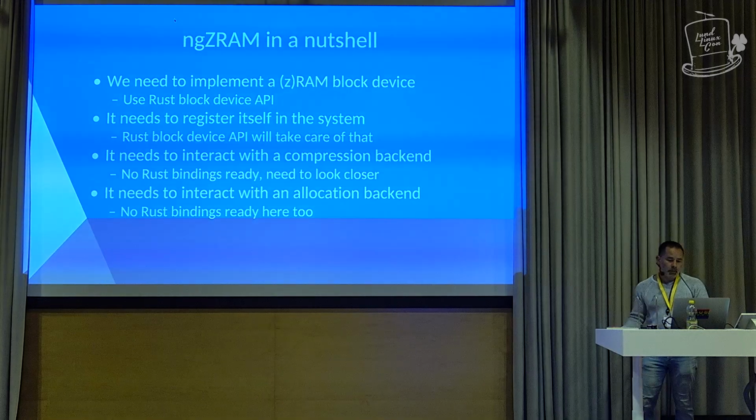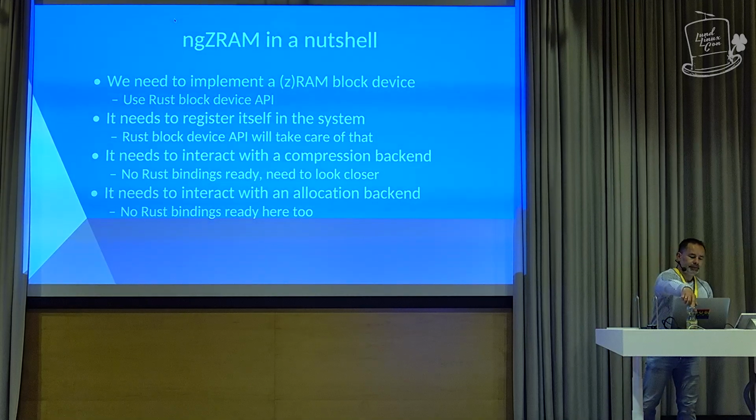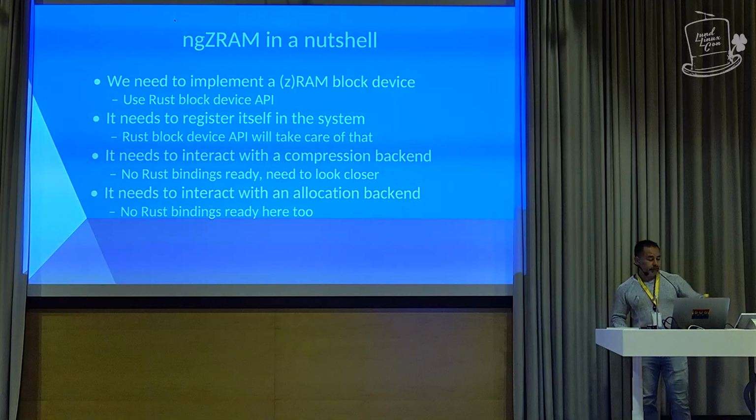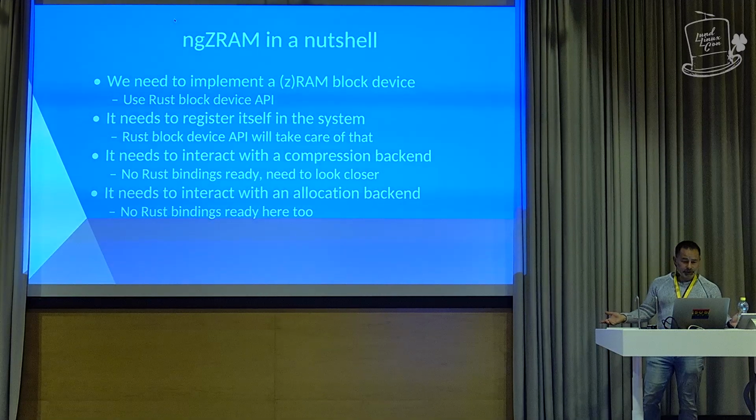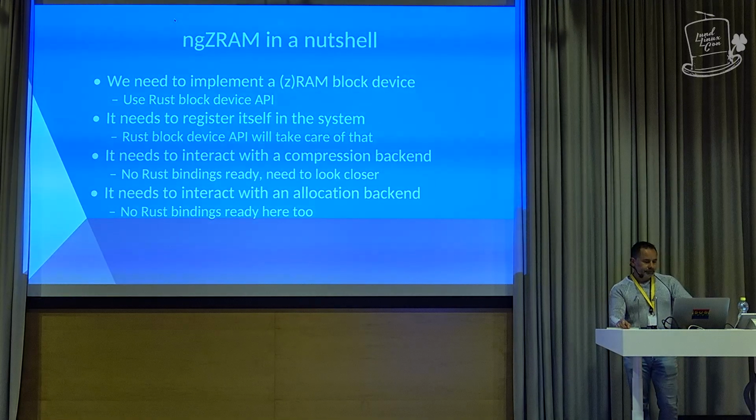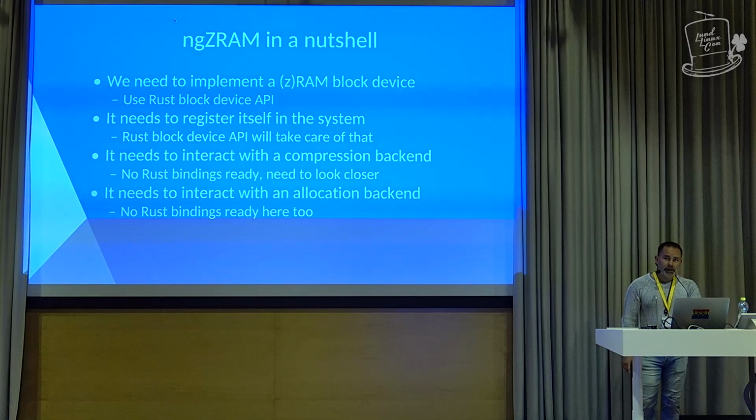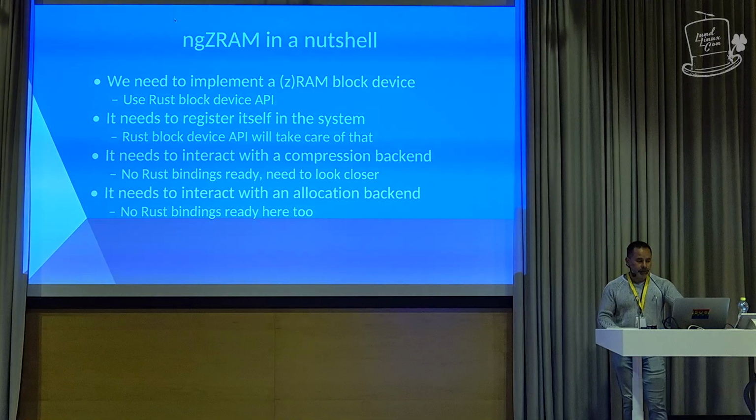So, what do we have to do? We need to implement ZRAM, a RAM block device. So it's a block device with compression, and we need to use the block device API that's already there in Rust.